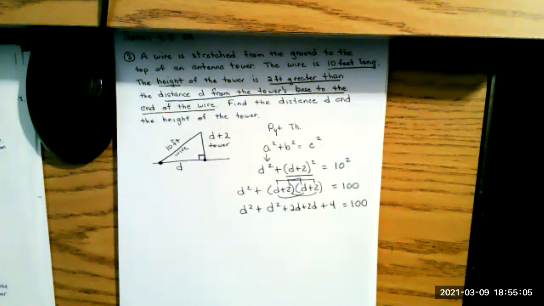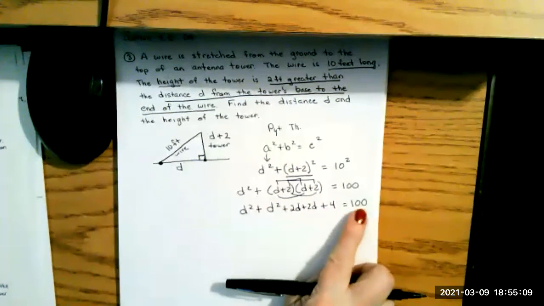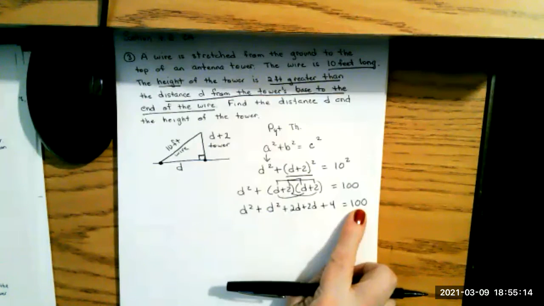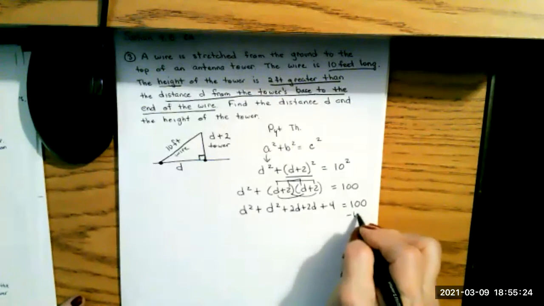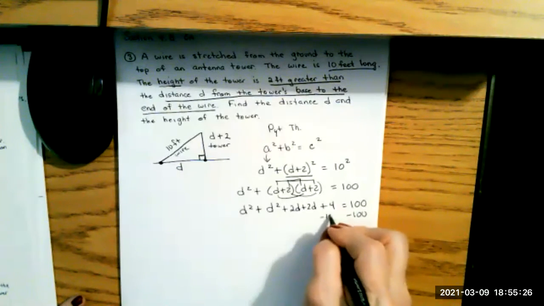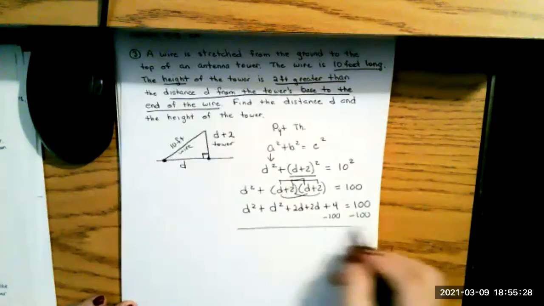All right, remember that problem that we just did a few minutes ago where we had a number over here? What do you think I'm going to have to do to that 100? Subtract it. If it's quadratic, it needs to be set equal to 0, not 100. So I'm going to subtract off that 100 when I'm combining these terms at the same time.